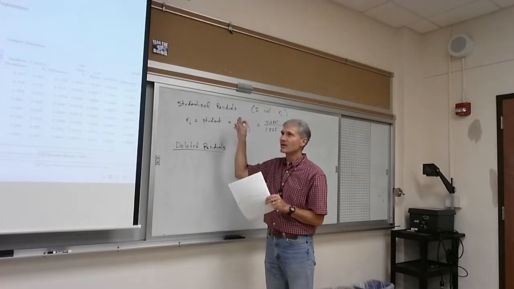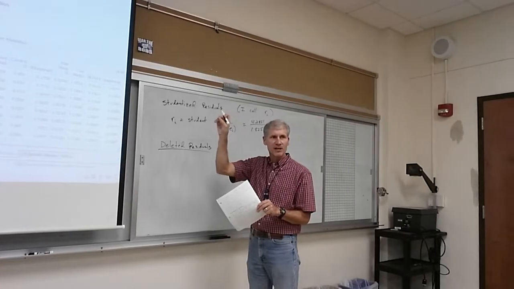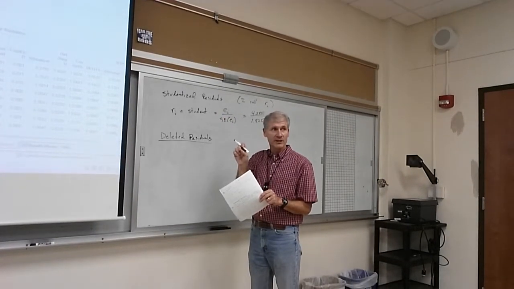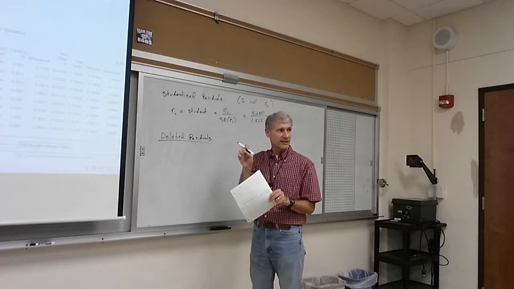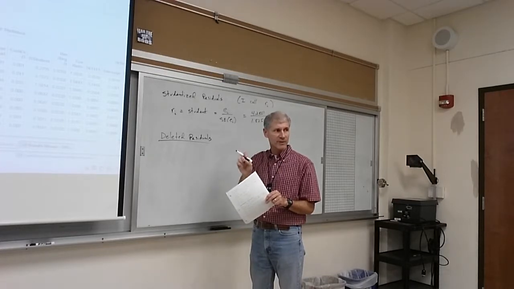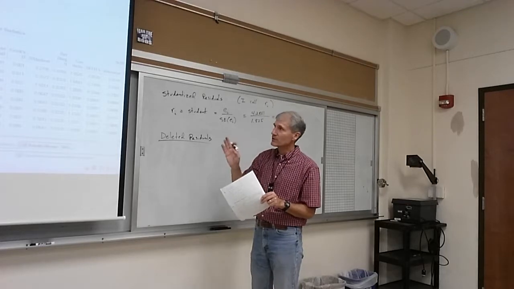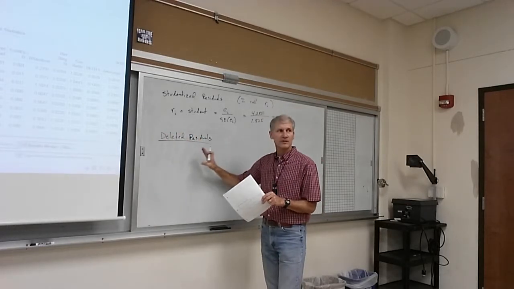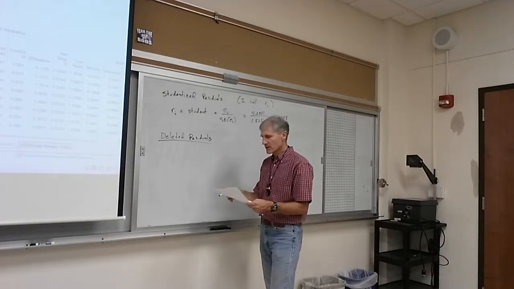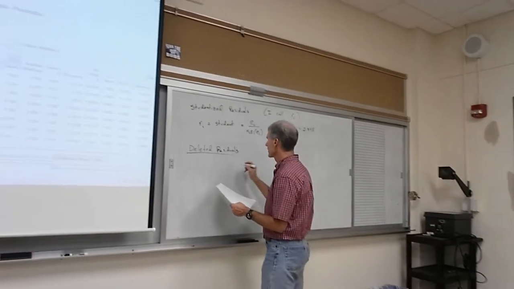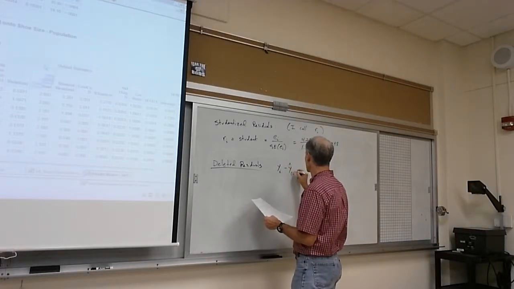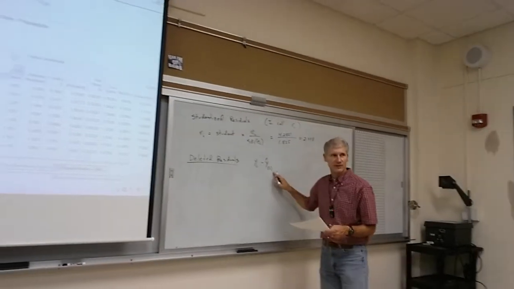So I take them out, I get the parameter estimates, then I see the predicted value from that model of what I think his height should be, and then I see the residual from that. So it's not the observed residual, which was from a model that had him in it. It's the deleted residual. So we denote that with yi minus yi hat and put the little i in parentheses.